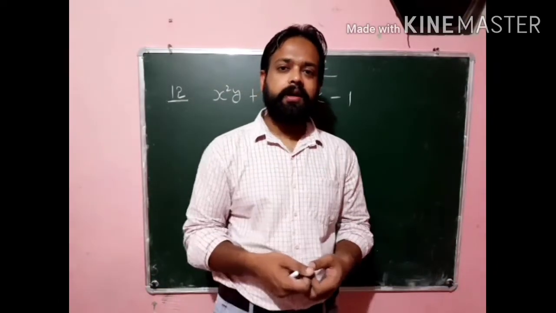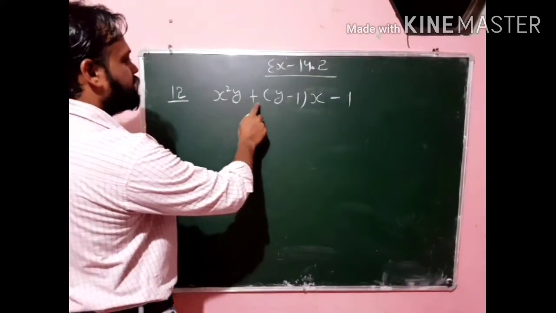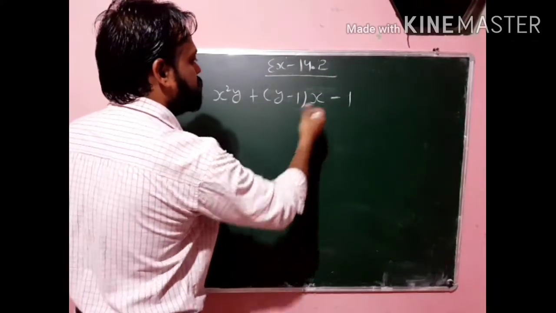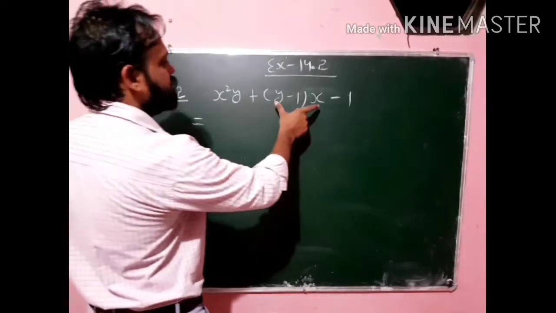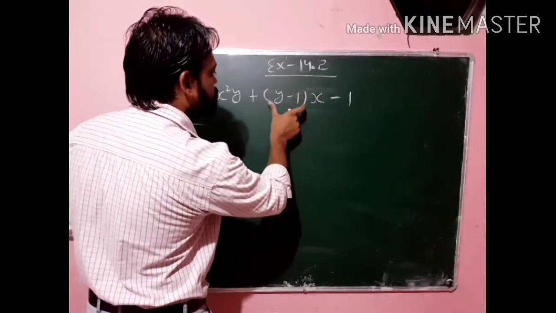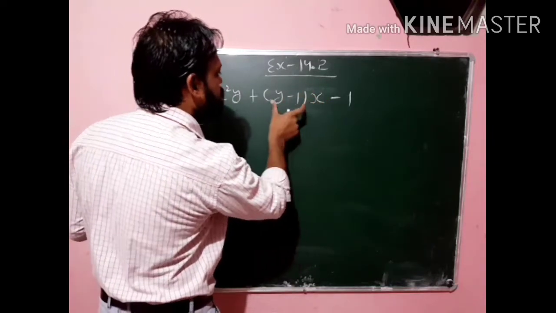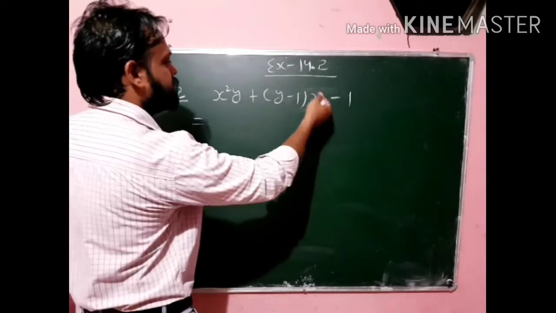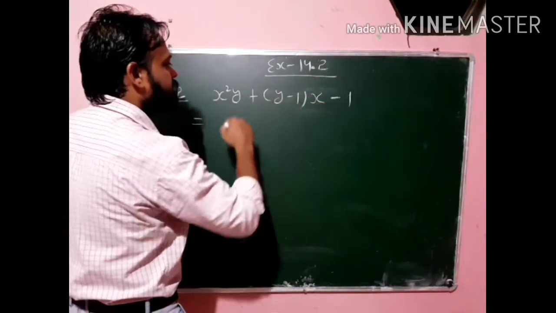So okay, now see its 12th part also. In the 12th sum you can see x square y plus y minus 1 into x, then minus 1 is also here. So first of all we have to multiply this y minus 1 with this x, because x is outside of the bracket, and we have to multiply this x with each term in the bracket.